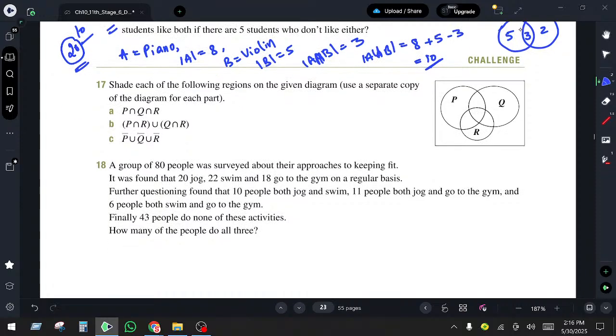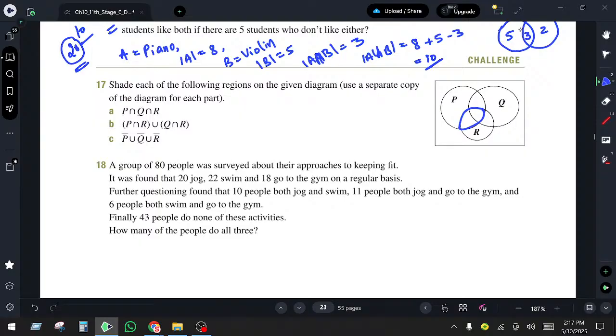So now what is P intersection Q intersection R? From this image, in between all of them. I think we completed this also. And what about P intersection R? This is the portion.